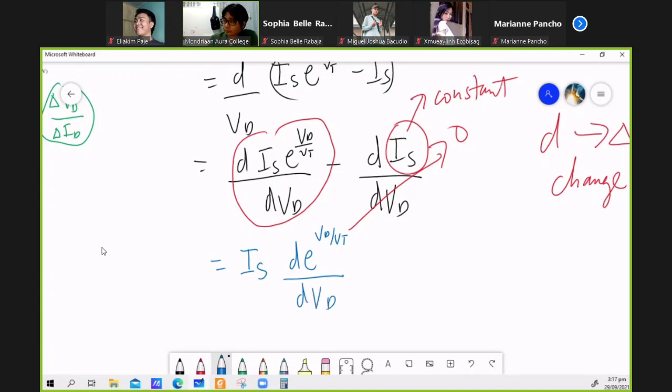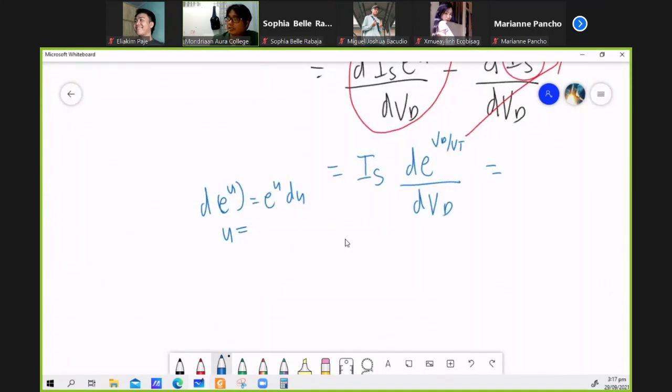So, this is equal to, anong derivative ng E raised to U? Kung naalala nyo, derivative of E raised to U is equal to E raised to U du. But in this case, ano yung nagsisilbing U? So, focus ha. Yung U, yan yung exponent ng E. Ano yung exponent niya? VD over VT. So, VD over VT is also equal to 1 over VT times VD.